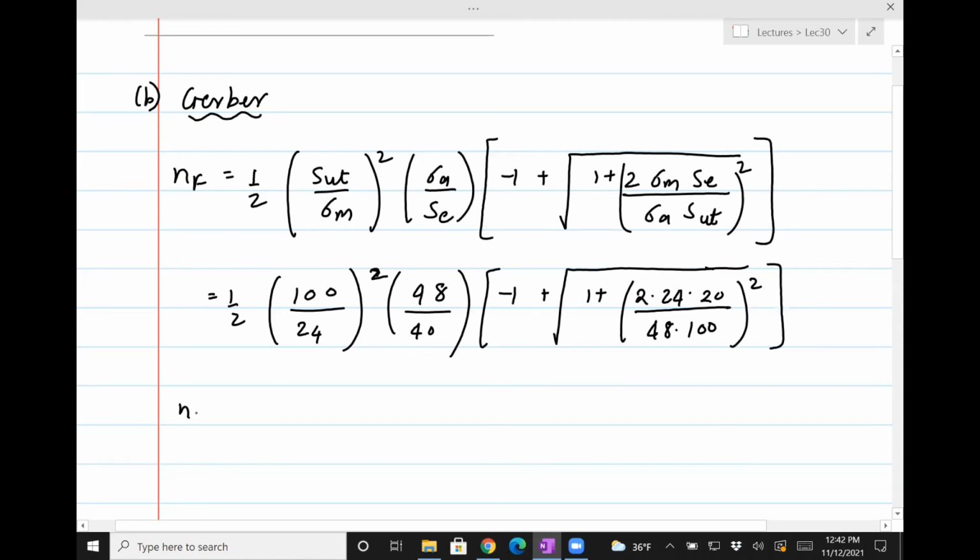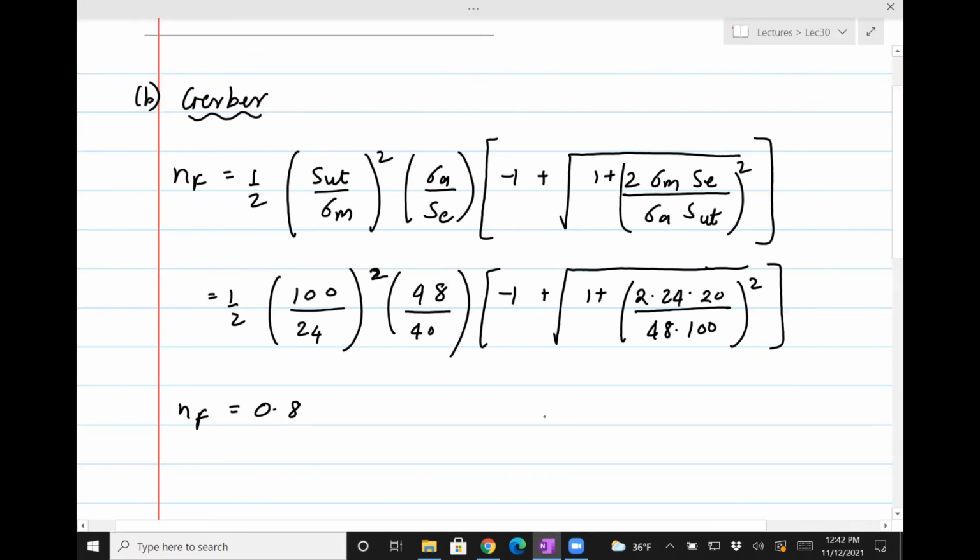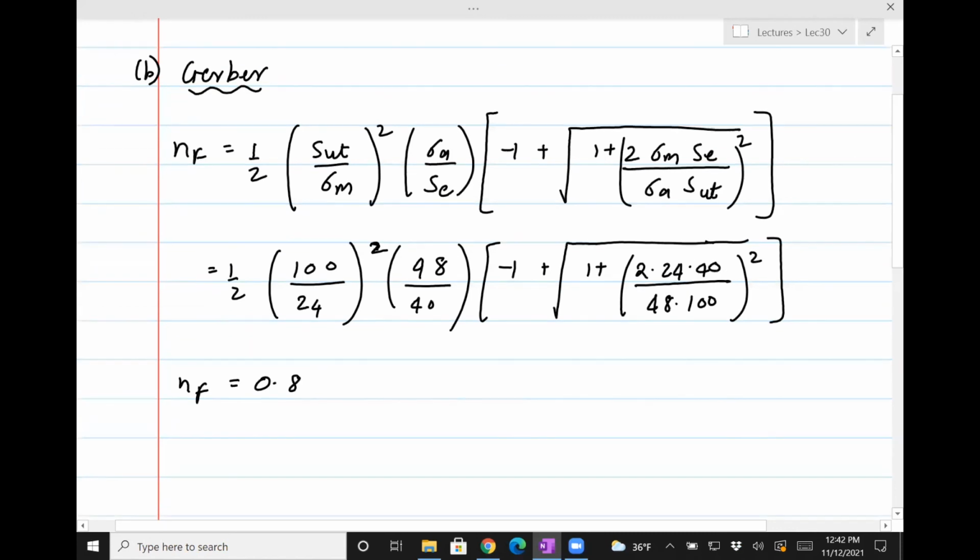Okay, so doing all the math, it's in my notes. It's 0.8, I believe, is the answer.